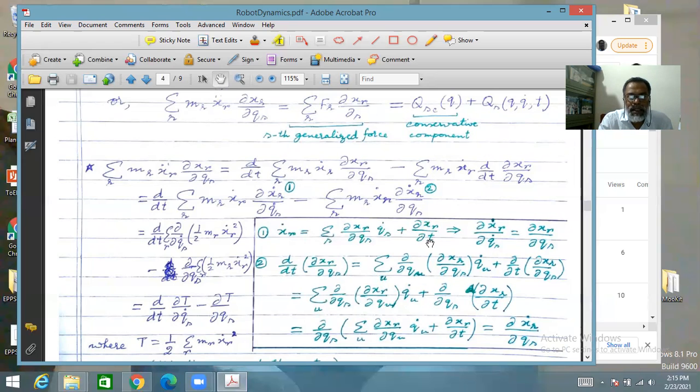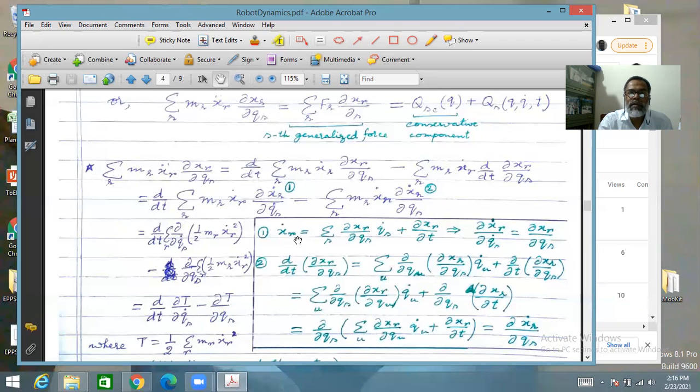Now consider this as an expression and differentiate this partially with respect to qs dot. So qs dot, a partial derivative. Okay. So qs dot appears only here in a linear fashion with this coefficient del xr by del qs. So in this entire sum, q1 dot appears once with del xr by del q1, q2 dot appears once with del xr by del q2, and so on.